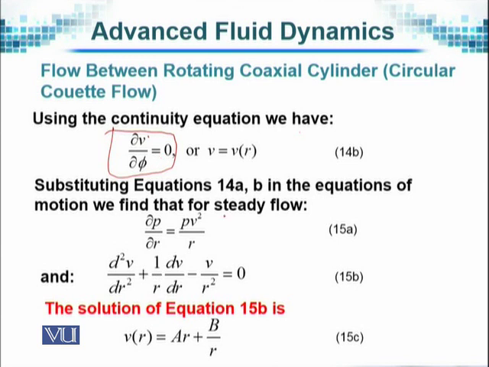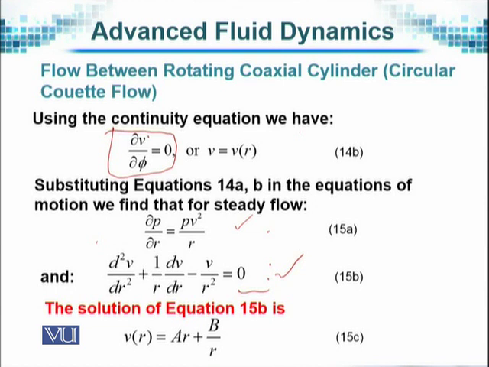So we obtain from the first equation that dp by dr is equal to this value, and from another equation, the radial direction, we obtain that the velocity v will give us this result.